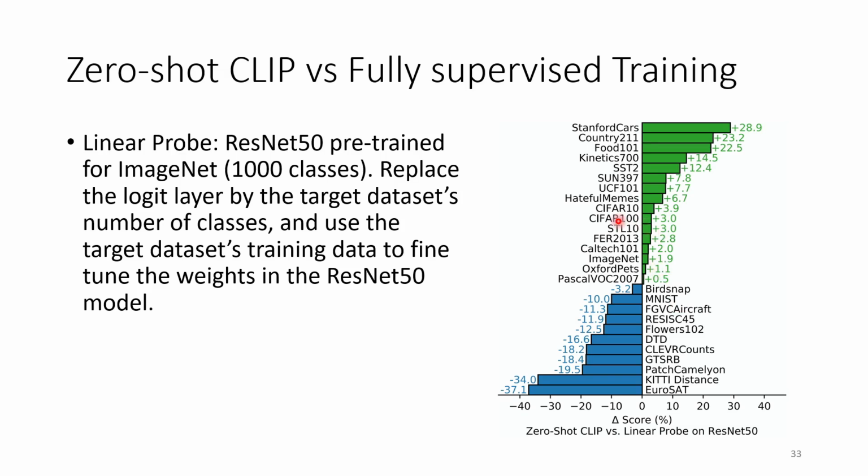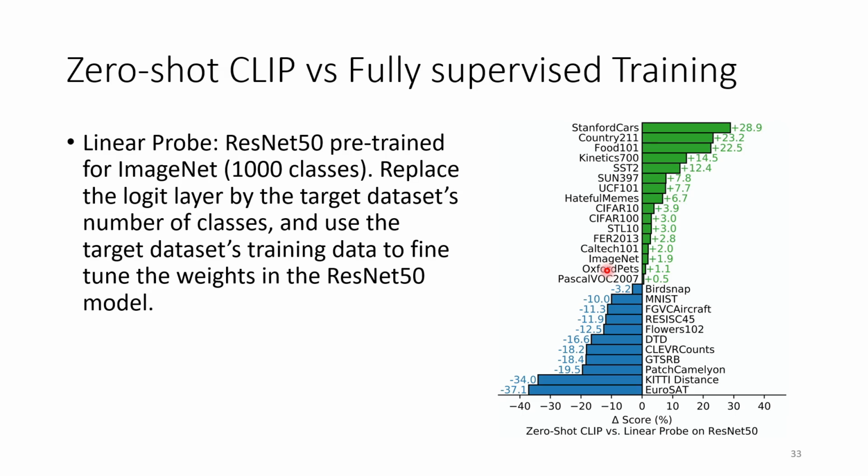And CIFAR100 is the extension of CIFAR10. There are 100 classes, right? And ImageNet has 1,000 classes, and the total dataset has, I forgot the number, more than 1 million images.